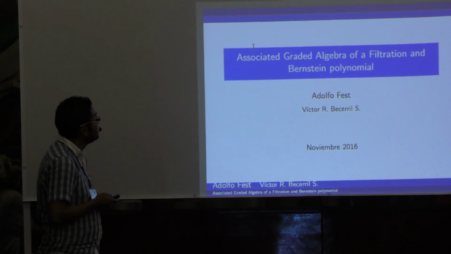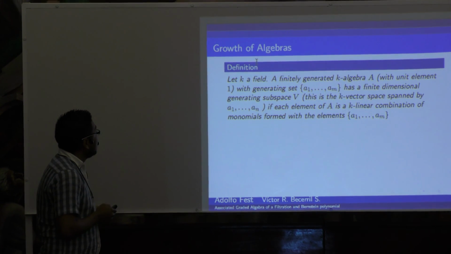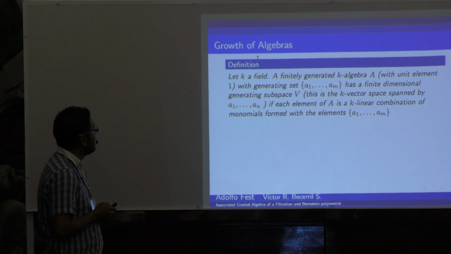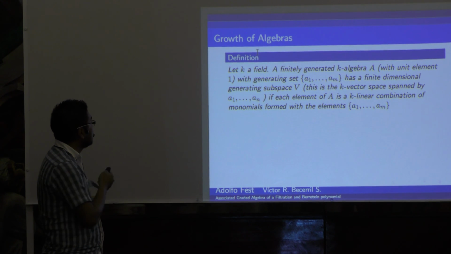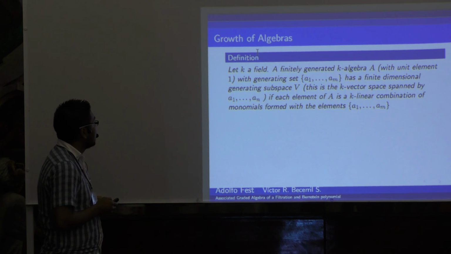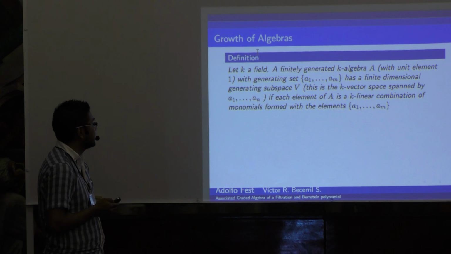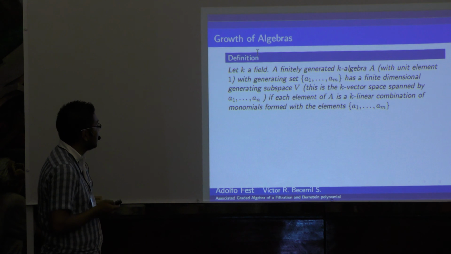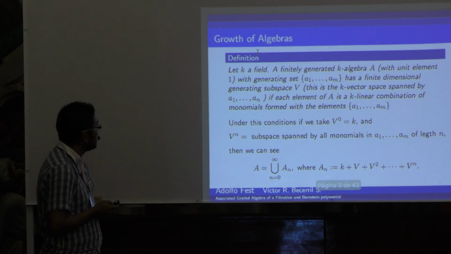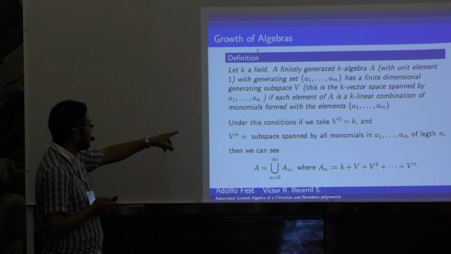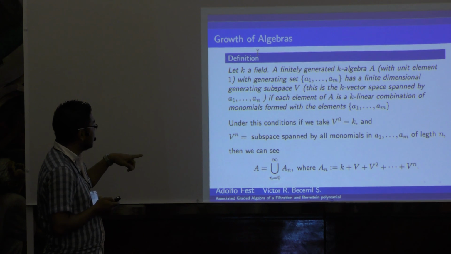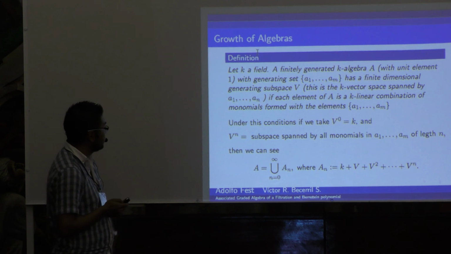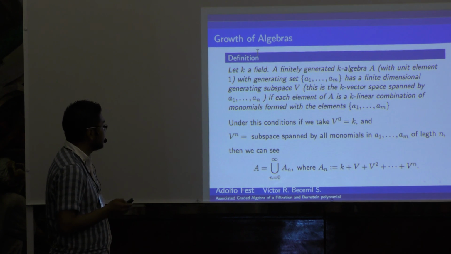Okay. Well, first we define a generating subspace B of an algebra A. This is the space spanned by the generators of the algebra, and we call it a generating subspace if each element of A is a linear combination of monomials with elements of this B. Under these conditions, we define B_0 as the field K, and the others B_n as the span of all the monomials in this basis of length n.